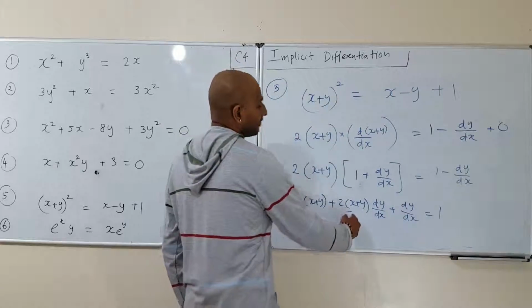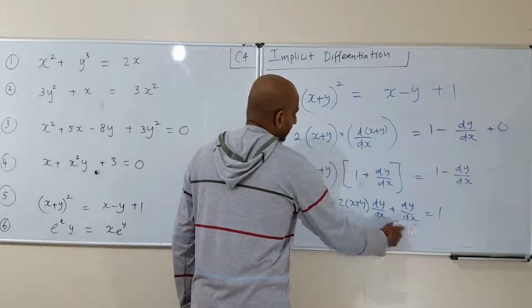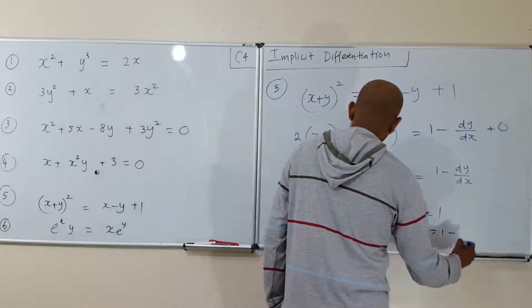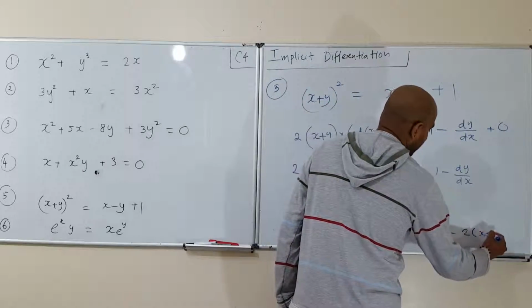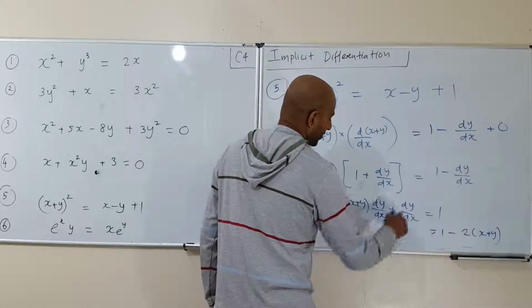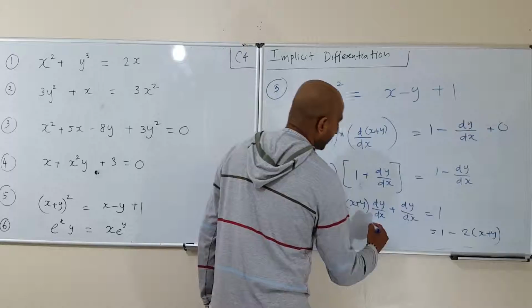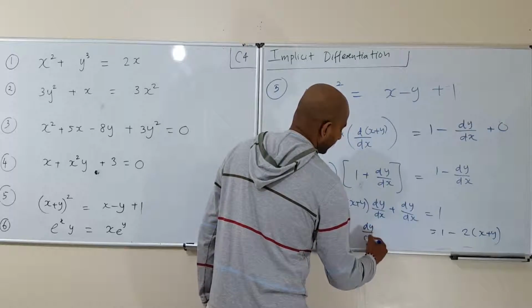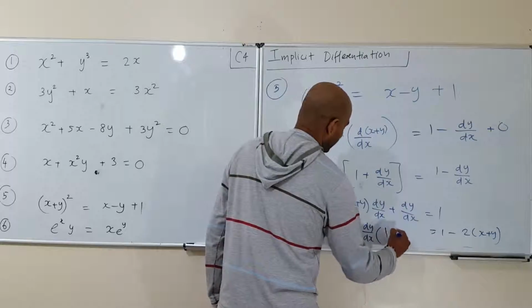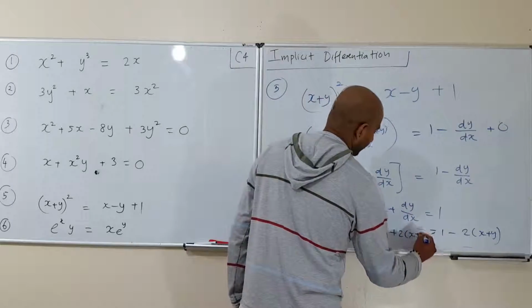Now I can clearly see the dy/dx terms and move this one to the other side. So I'm going to get 1 minus 2 times (x plus y) equals that. Okay, so I can take common factor here, same time dy/dx is common factor. There I'm going to get 1 plus 2 times (x plus y).